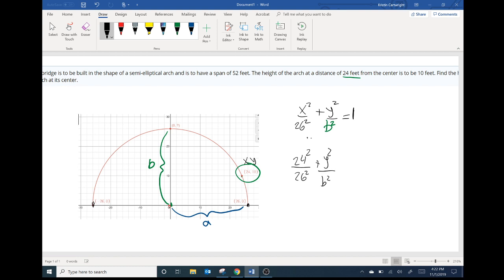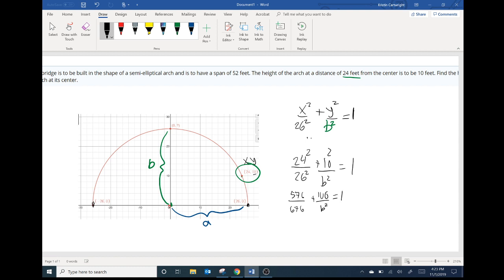Whoops, I don't want y squared. I want to replace my y with the y value of the point that satisfies the equation. So I have that equation, and then it just takes a little bit of algebra to solve for b. Without going through every little step, I will tell you that 24 squared is 576, 26 squared is 676, and 10 squared is 100.